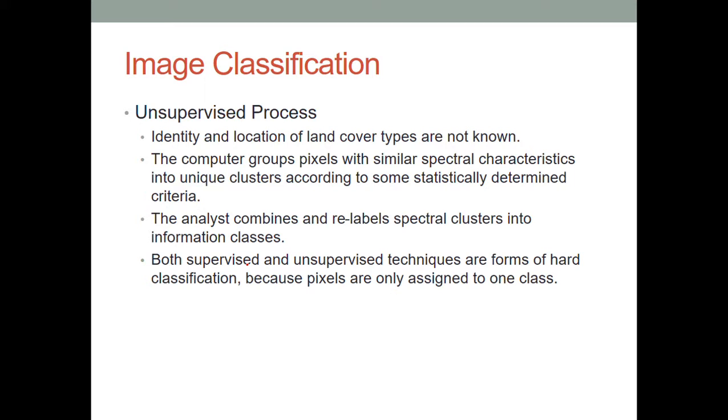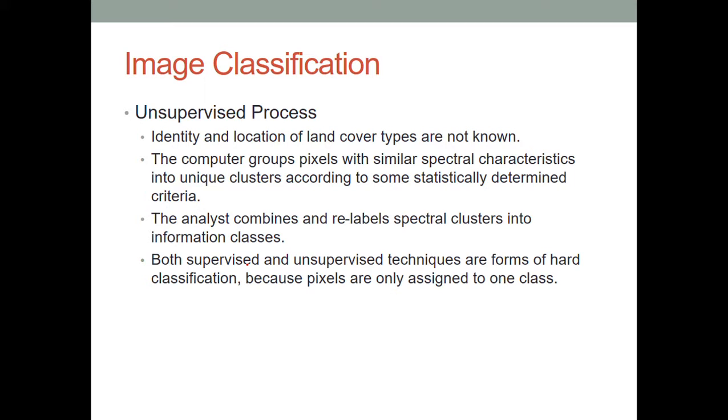The computer groups pixels based on similar spectral characteristics into unique clusters according to some statistically determined criteria. So the computer will run some statistics, and based on the minimum and maximum number of clusters identified by the user, the computer will decide accordingly, right? So the analyst combines and relabels spectral clusters into information classes.